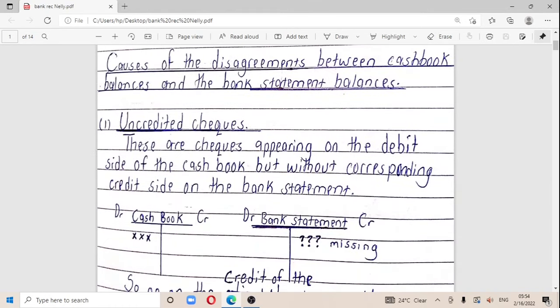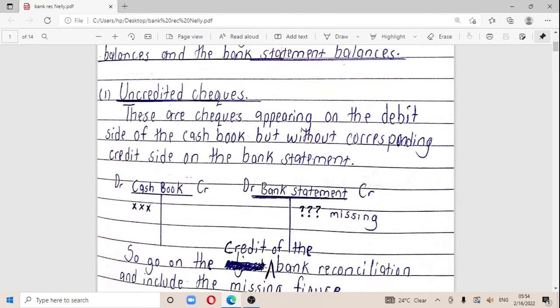So you can simply define uncredited checks as checks appearing on the debit side of the cash book but without a corresponding credit side on the bank statement.